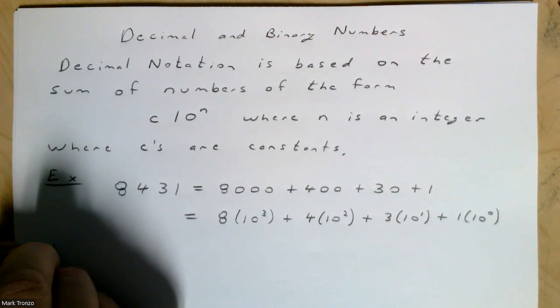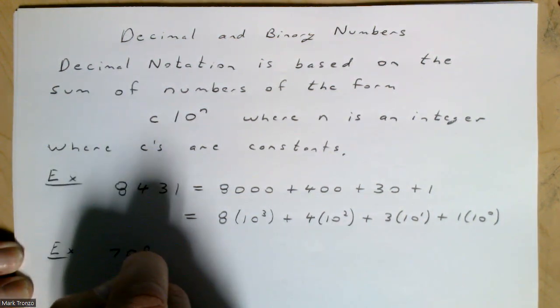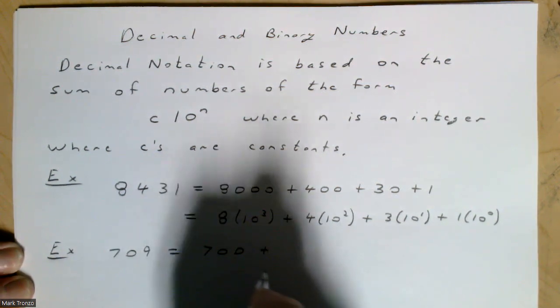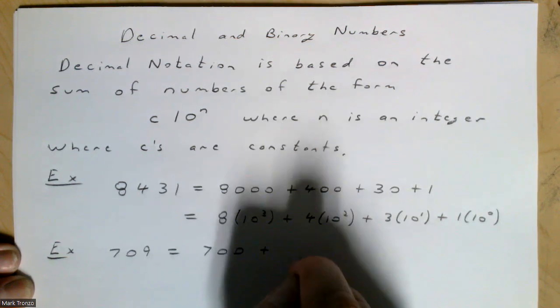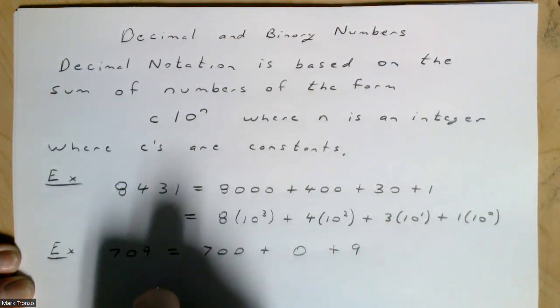And let's do another one real quickly. 709 can be written as 700 plus, now notice there's no tens, let me just write that as 0 for the moment, plus 9.